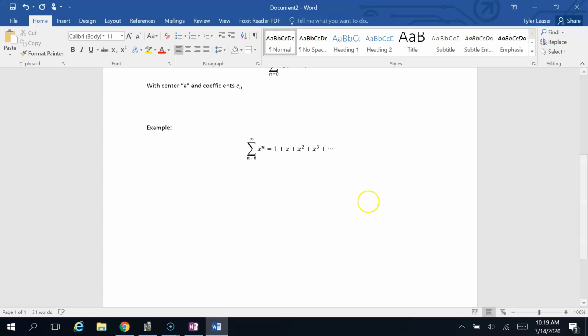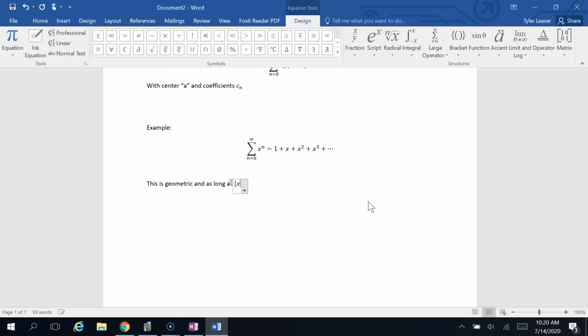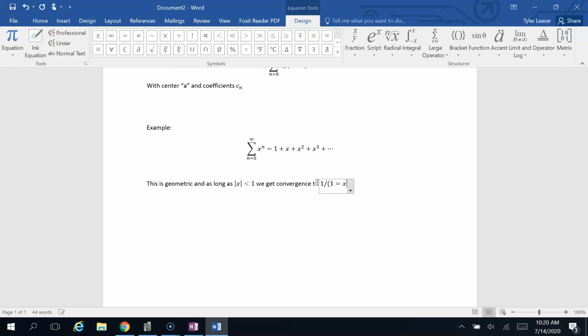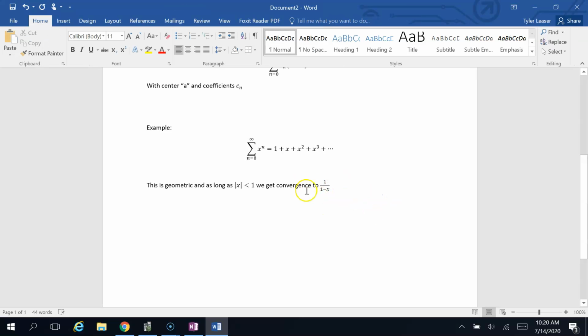And we know what it converges to because of the geometric series formula. So this is geometric, and as long as the absolute value of x is less than 1, we get convergence to 1 over 1 minus x, right? Because our a value is 1, our r value is x, so this is going to be the sum of this infinitely long power series.